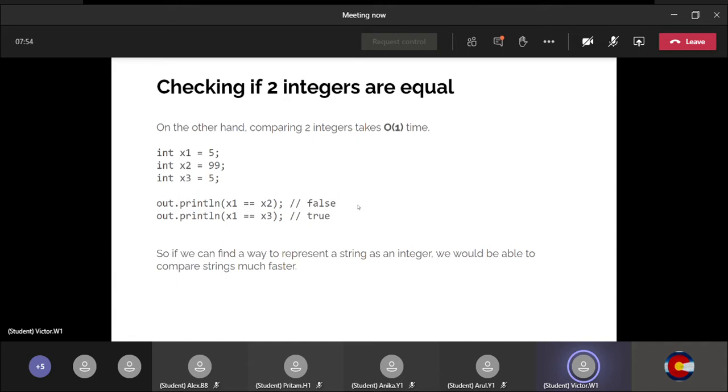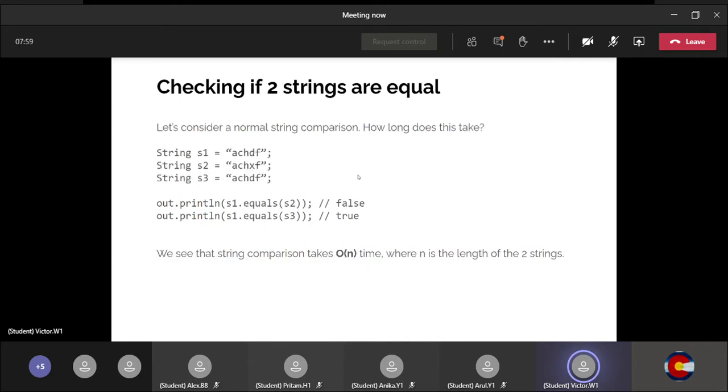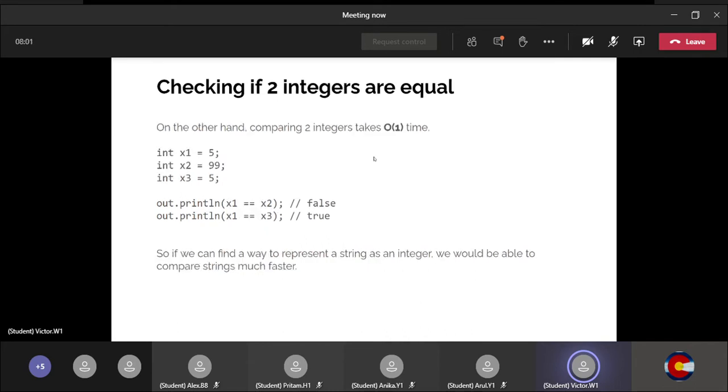We consider 32 to be constant; it doesn't vary with length like strings do. That's why we say it's constant, or O(1), time. Of course, this limits what we can compare: we can't compare insanely big numbers. They have to fit in 32 bits, and then we can compare them in O(1) time.